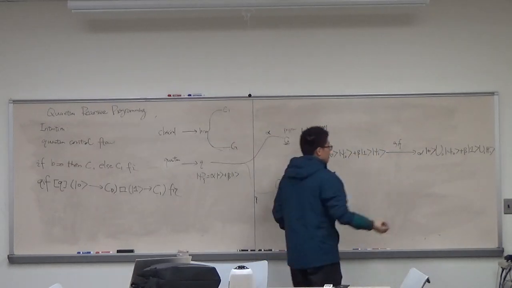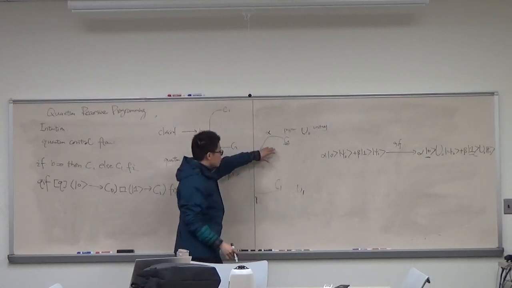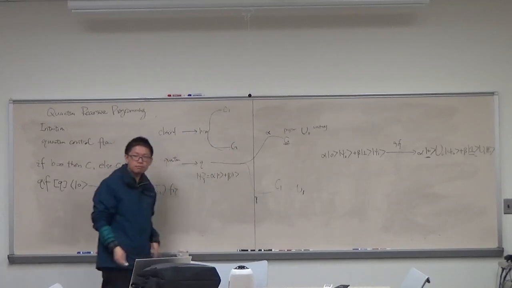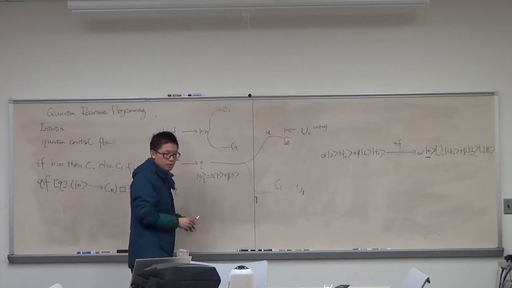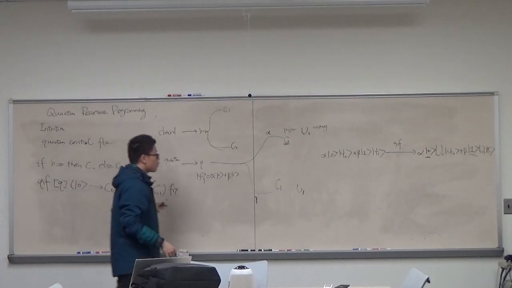That means you are conditioned on the first qubit to decide which branch you want to go with, and it can be in superposition. Okay, great. So that's one feature called quantum control flows.